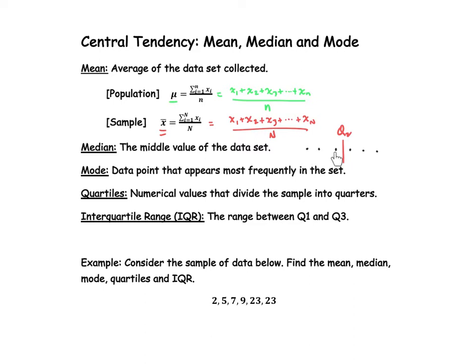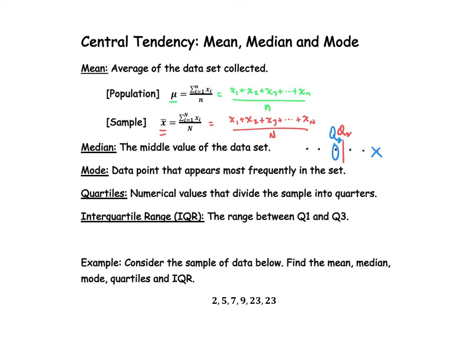So we would average these two values to get the median. If we had an odd number, let's say we dropped this last one, then we would have 5, and therefore the middle value would be our median. So when you're dealing with a set, depending on how many points there are in the data set, will determine how you will calculate your median.